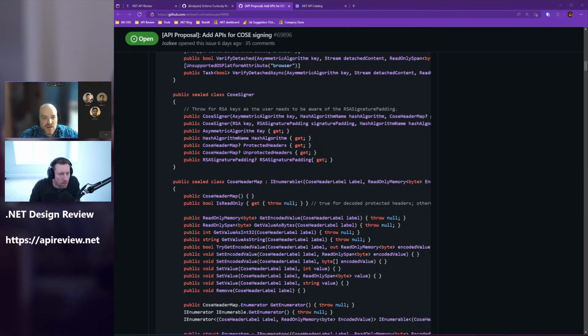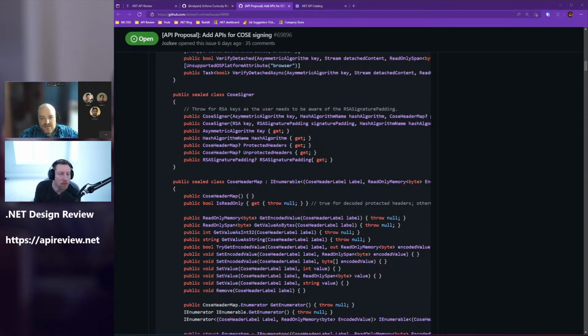Our guidance falls a bit short, right? I was just thinking it would be nice to have a try get encoded value that has an out as a byte array, but then that doesn't help you with the enumeration. Enumeration can only give you one type, so we would have to give you back a read-only memory. That's unfortunate.